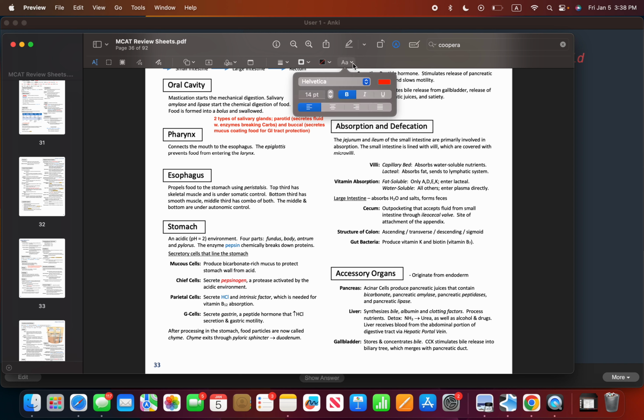You can write it: cardia attaches esophagus to stomach. Okay.